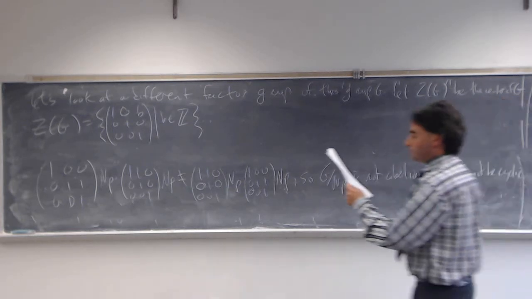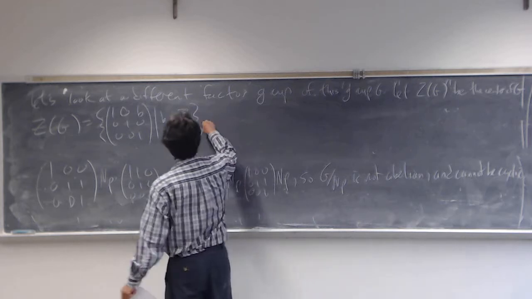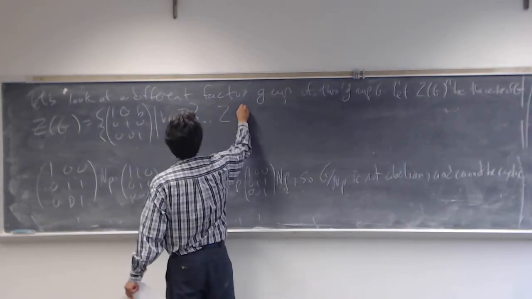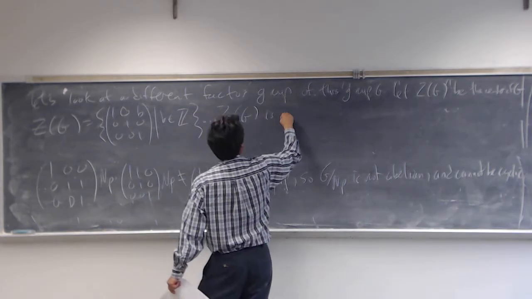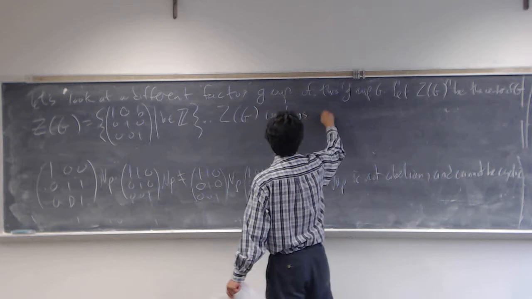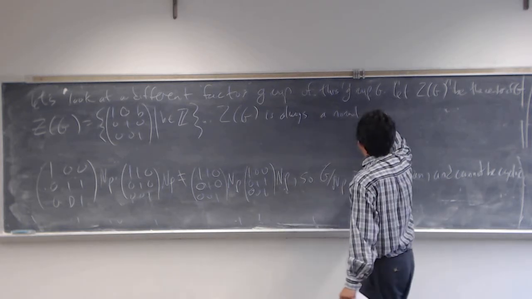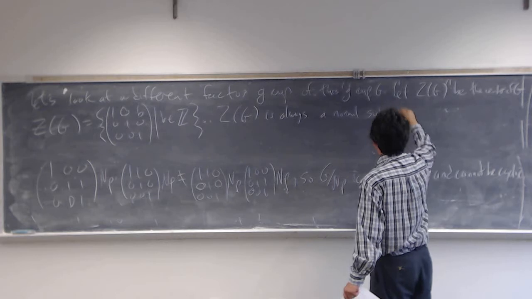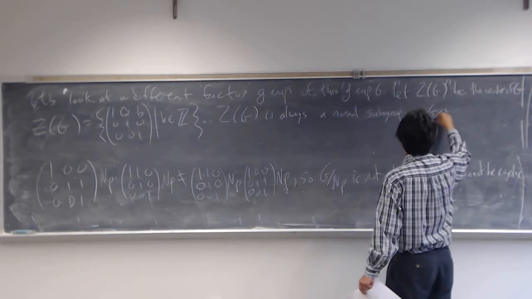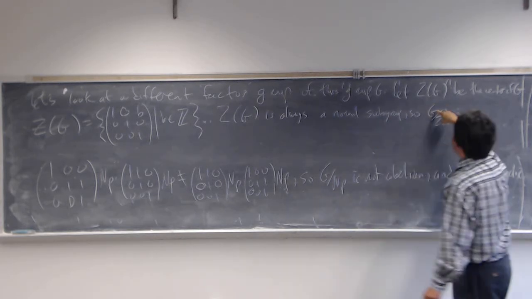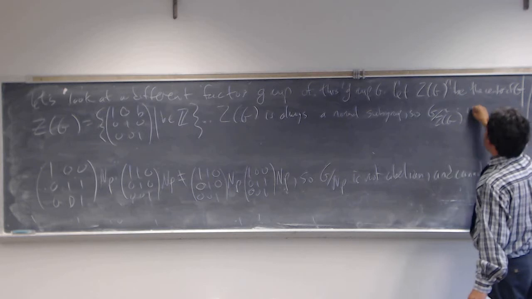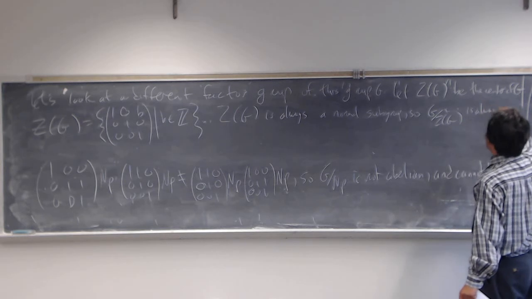Let's see why. Before I do that, let's see the note. Z of G is always, in any group, a normal subgroup. So for any group G, if we mod by the center, it is always a factor group.